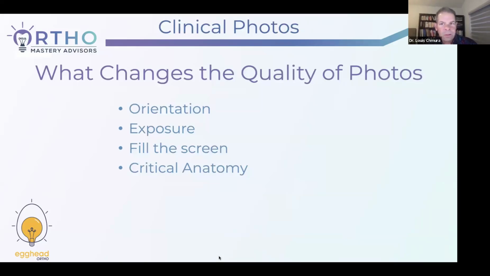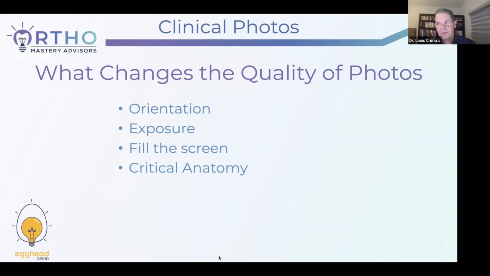What affects the quality of your clinical photos? The first is the orientation. Foremost is the orientation, and that's basically the relationship between the camera and the patient. Everything else is immaterial. You can have the patient standing, sitting, whatever. If you get the orientation right, you're going to get it right most of the time.